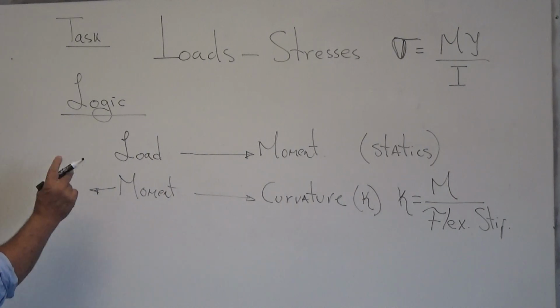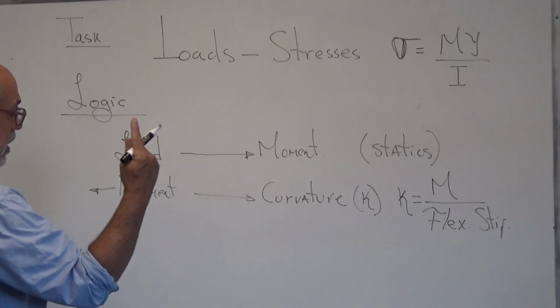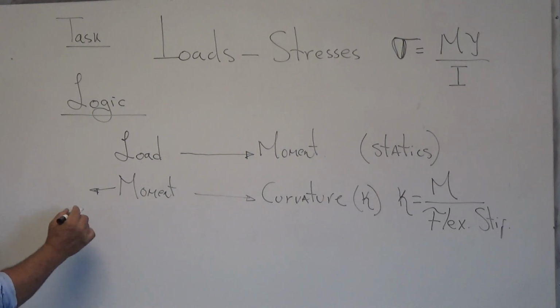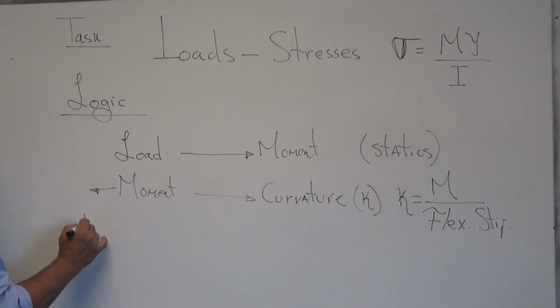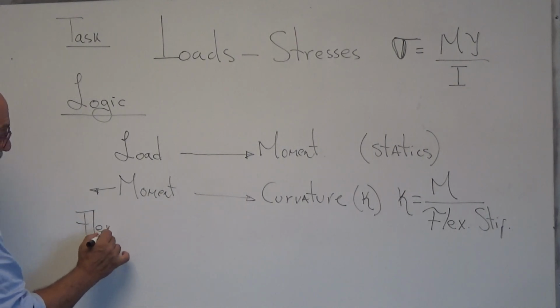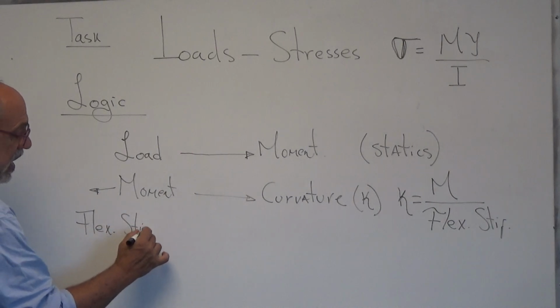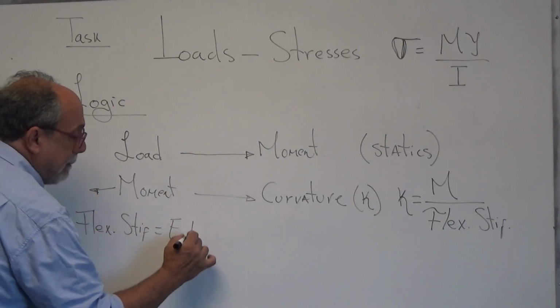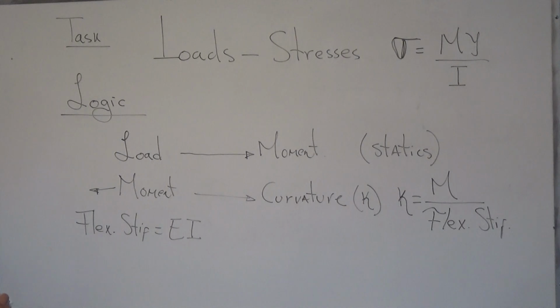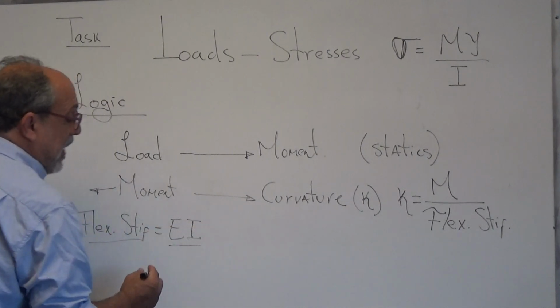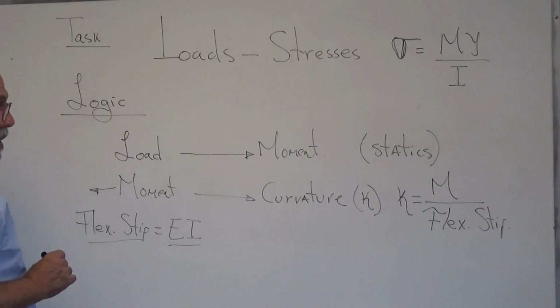When you only have one material, then we would normally take the flexural stiffness to be EI, the product of E times I. But for that, you need to have one E and one I, right?